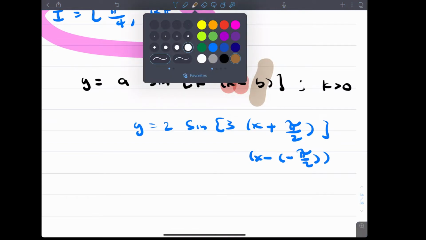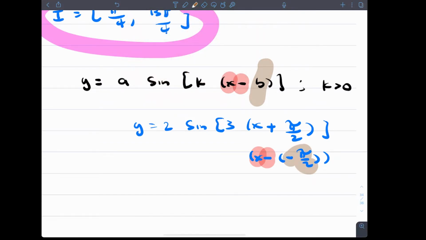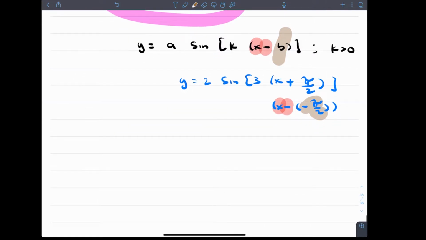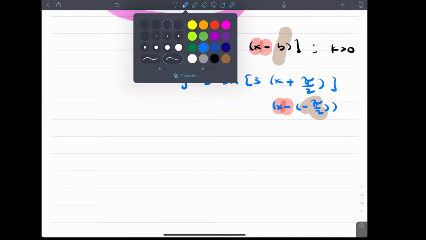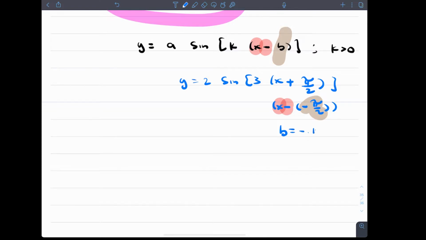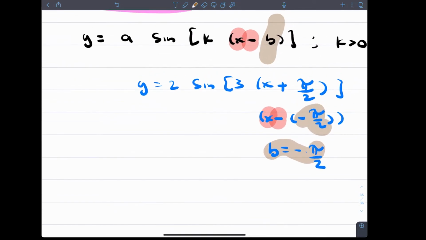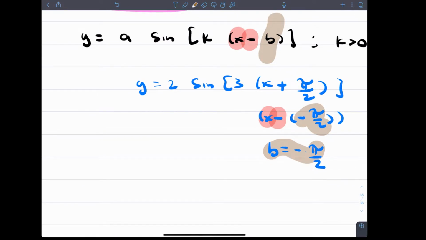So now you got the x minus, and this is your b value. So it's opposite. In this case, if it was a plus, your b is what? Negative. If it's already subtraction, you're good to go, and b would be positive. So it's kind of opposite if you want to remember it that way. I remember it this way personally. It's simple. I got a format. It has to say x minus. That's the format. And you go, what if there's a plus? Well, it's minus a minus. Anyway.